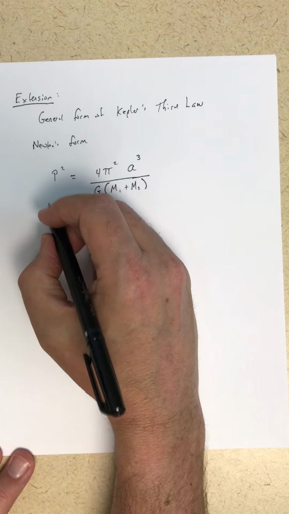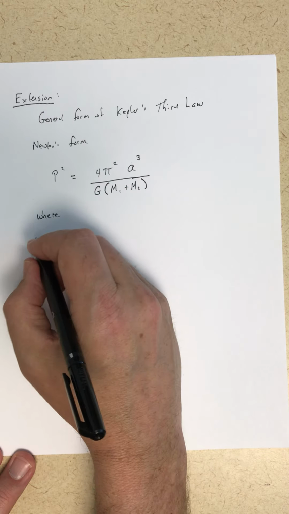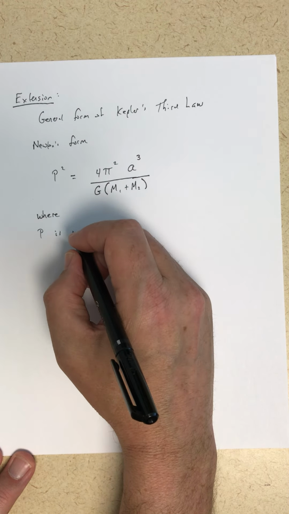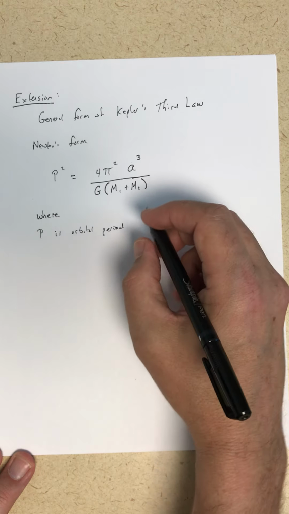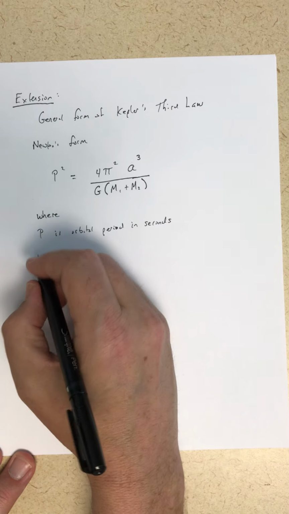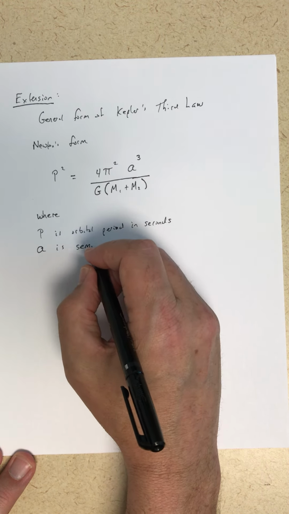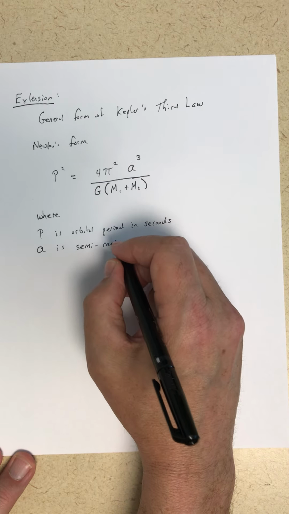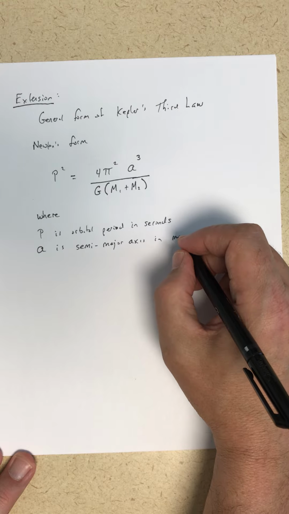So let's go through what all these are. P is orbital period in seconds. A is the semi-major axis in meters.